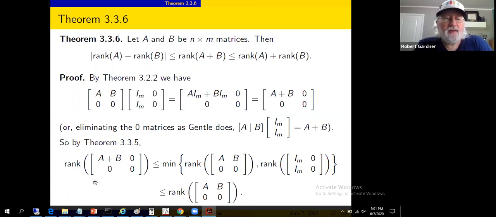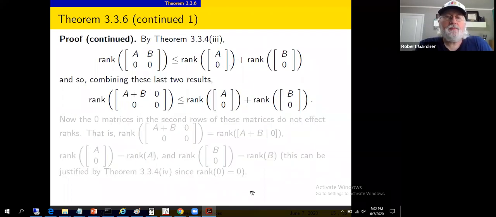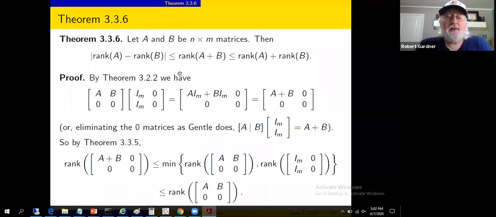So the rank of this matrix is less than or equal to the rank of this matrix. Looking good. This matrix we'll use to find the rank of A plus B. Here, presumably, we'll end up with the rank of A plus the rank of B from this part. Let's go back briefly to what we had on the left-hand side.